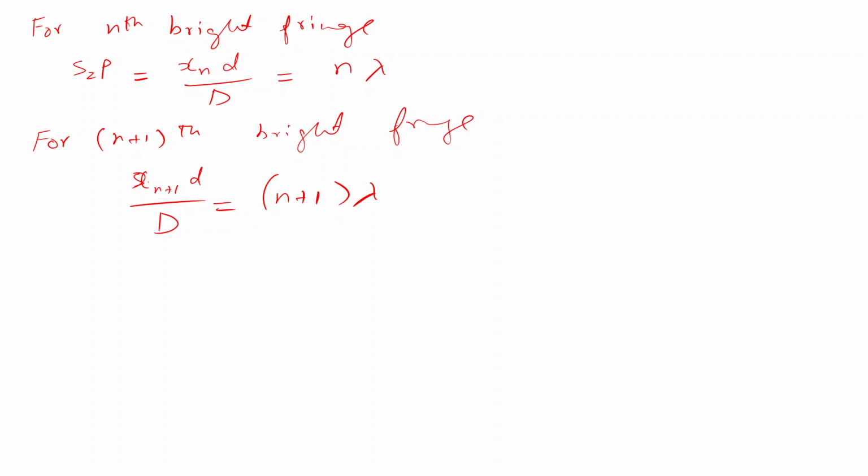What I'm saying is, if I'm getting a fringe, say dark fringe or bright fringe here, then there will be a dark fringe, and then again there will be a bright fringe here.